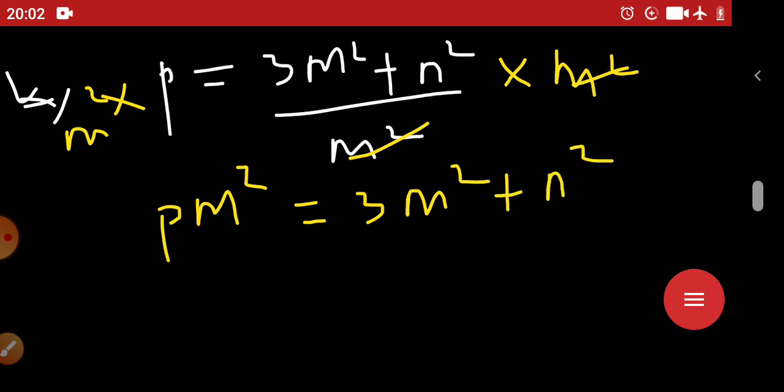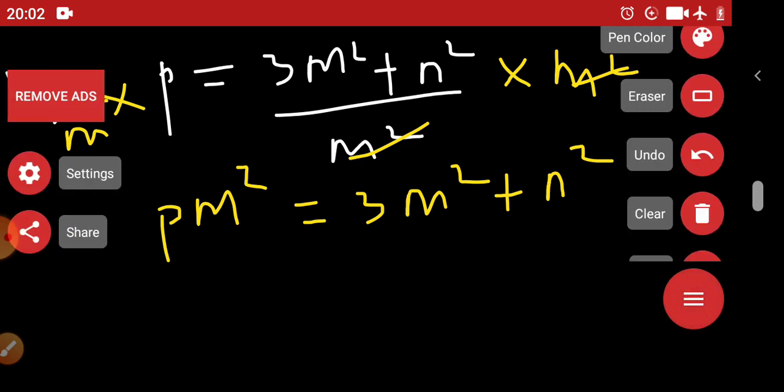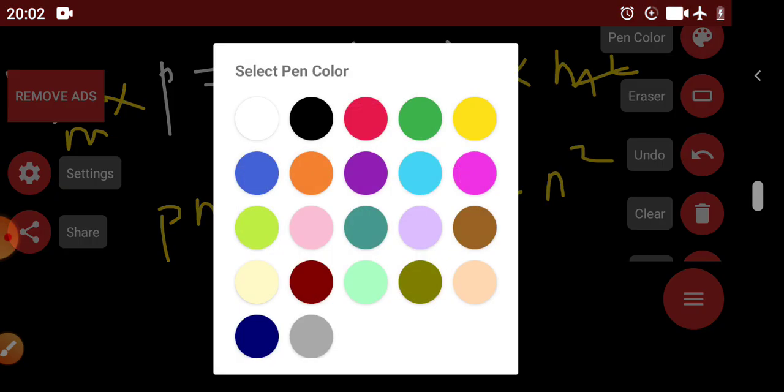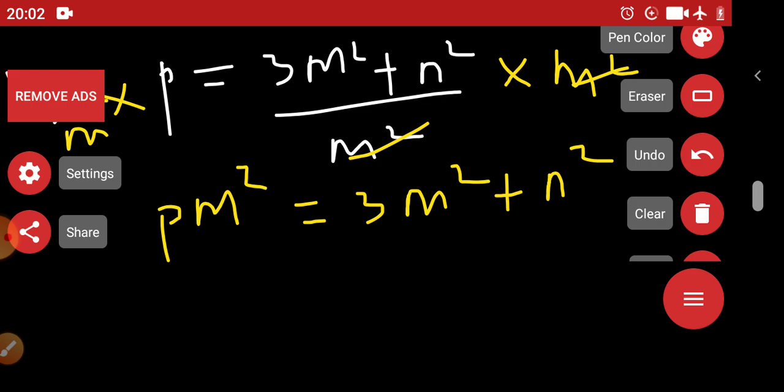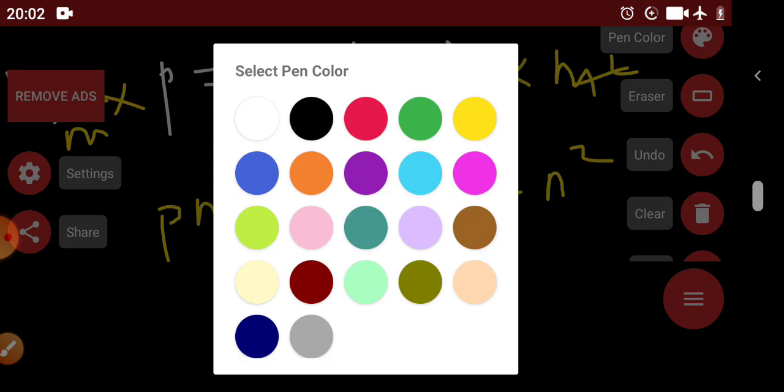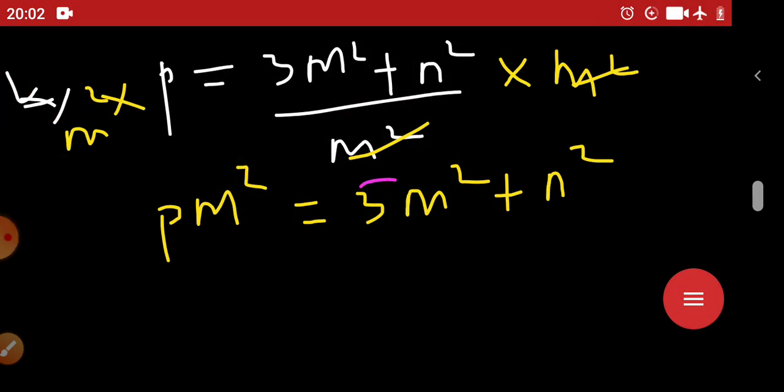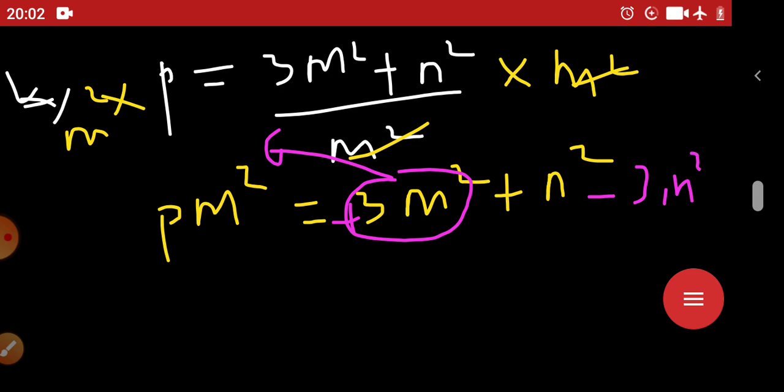Because we are required to make n the subject of the formula, we can collect like terms. We can take this term to that side. Here it has been added, so we need to do the opposite, which is subtracting. So we subtract 3m squared both sides.